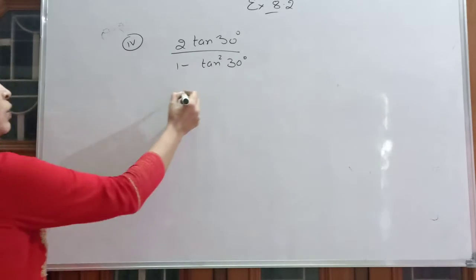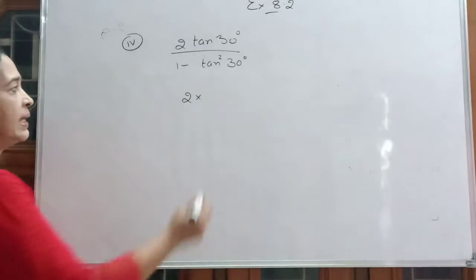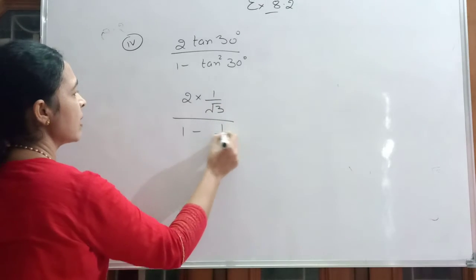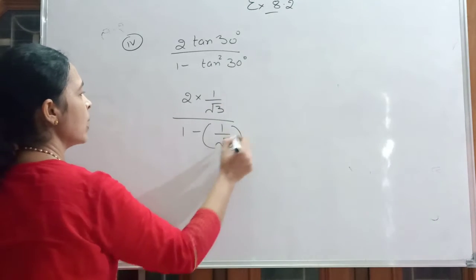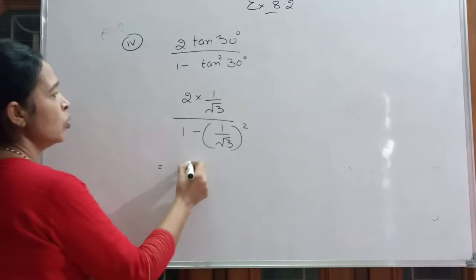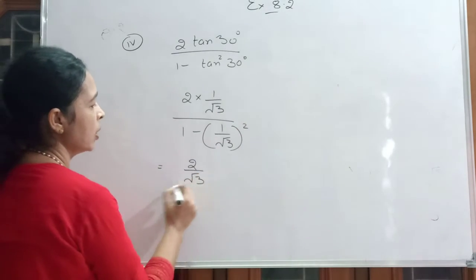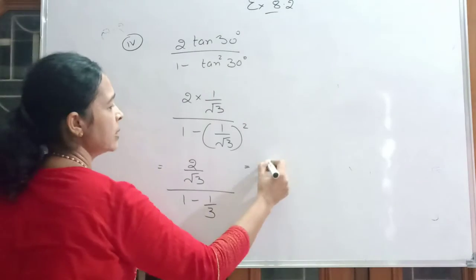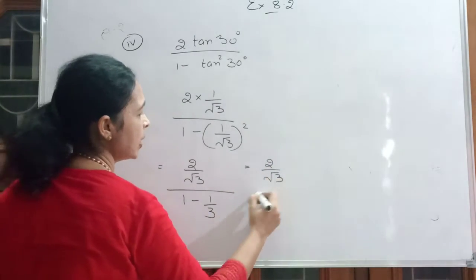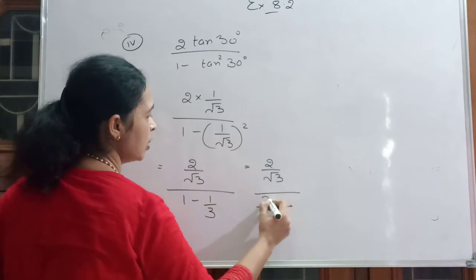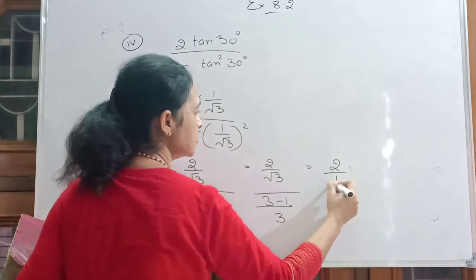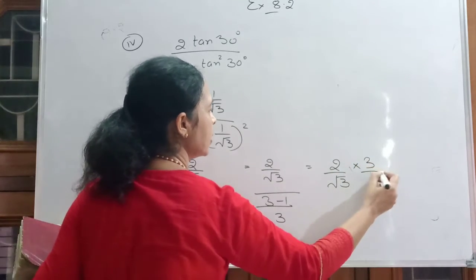First we are putting the values, 2 into what is the value of tan 30? 1 by root 3 upon 1 minus 1 by root 3 whole square. 2 by root 3 upon 1 minus 1 by 3. What will you get? 2 by root 3 upon LCM is 3, 3 minus 1. 2 by root 3 into 3 by 2.